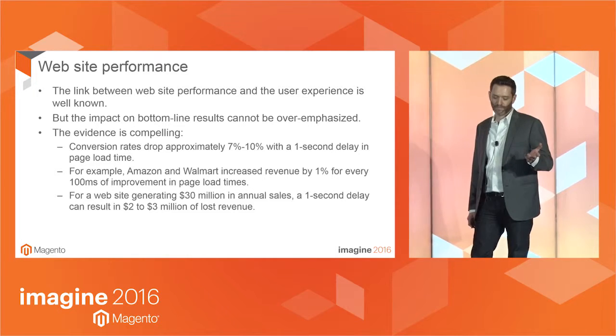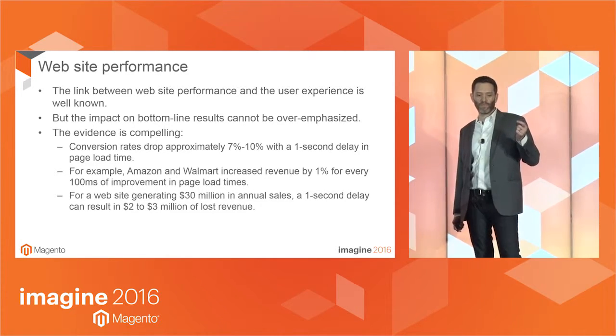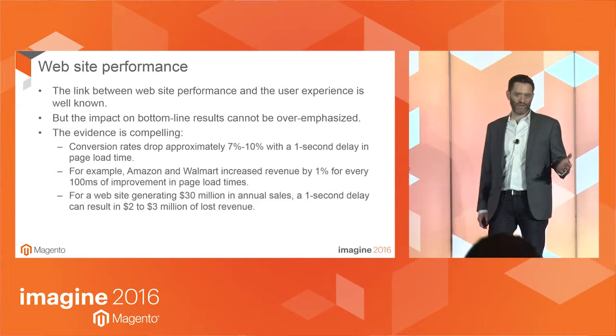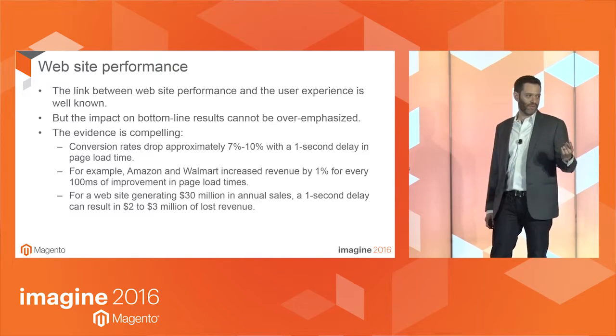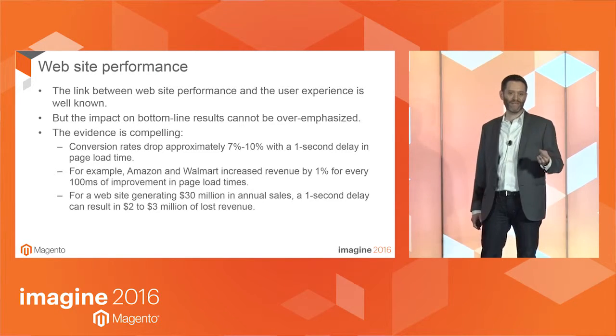To put it in perspective, there was a study for Amazon and Walmart that showed they increased revenue 1% for every 100 milliseconds of reduced page load time. If you're doing $30 million a year, 1 second of slow page load will cost you $2 to $3 million.